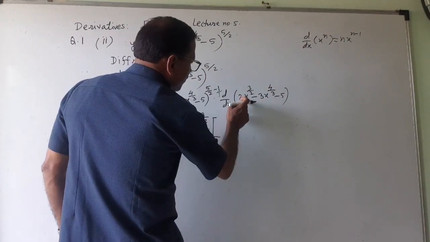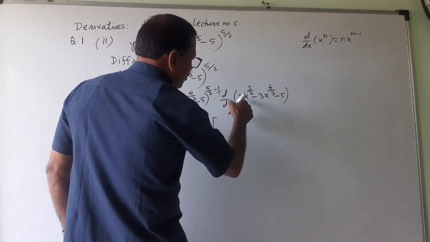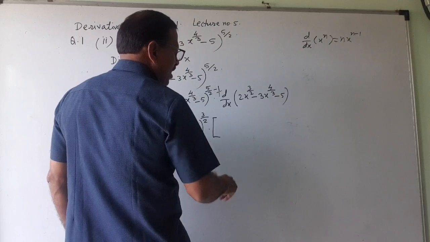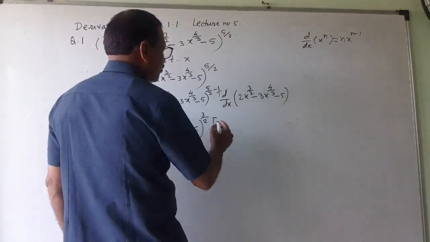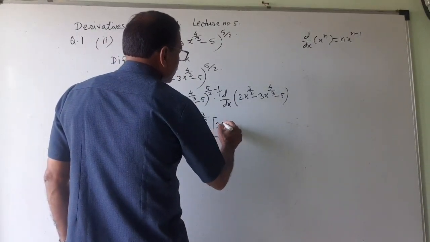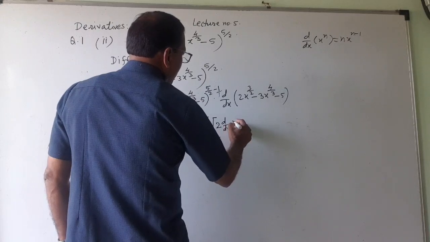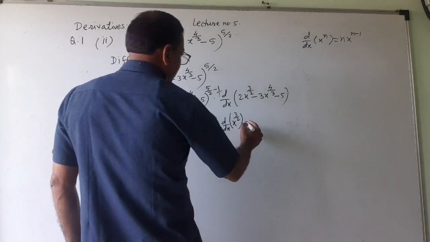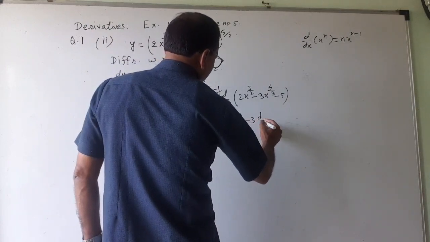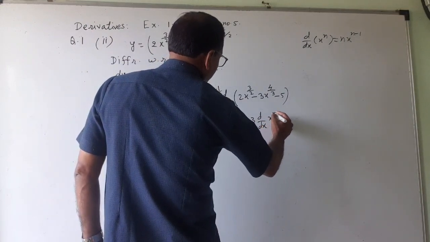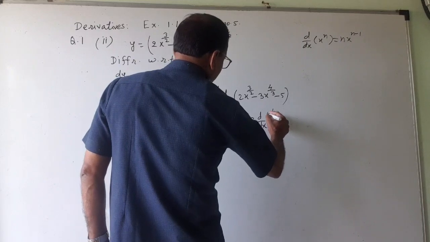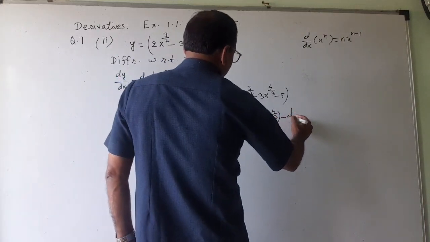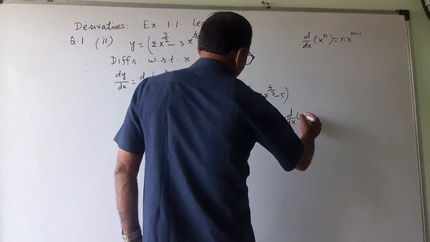If there is a coefficient to the variable, then we don't take the derivative of the coefficient. Why? You can verify it by the u into v rule. 2 into d/dx of x^(3/2), minus 3 into d/dx of x^(4/3), minus d/dx of 5.